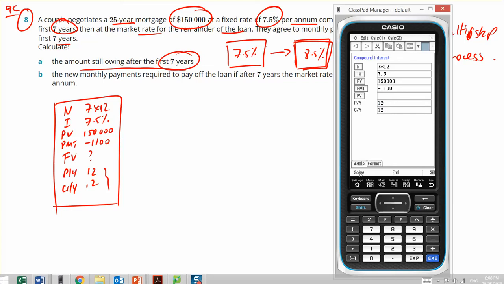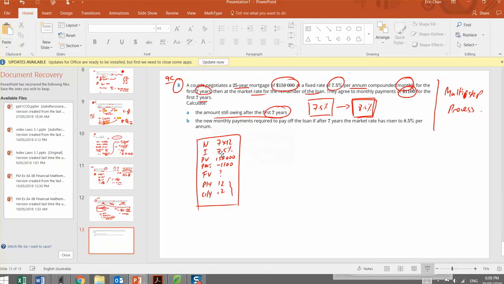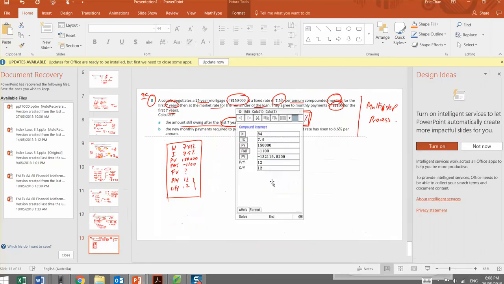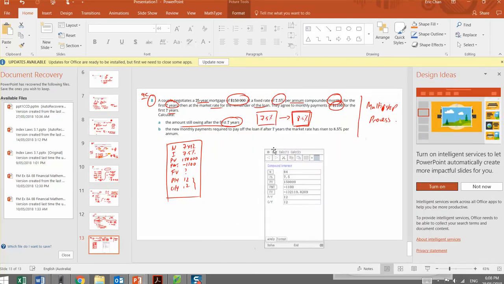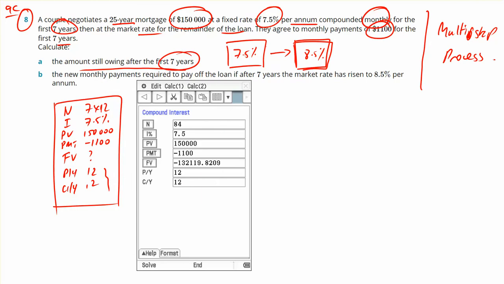So I'm going to click solve. Great. I'm going to copy this, and this is my snapshot of what's happening after 7 years. We've got our final value, so we still owe this much to the bank.